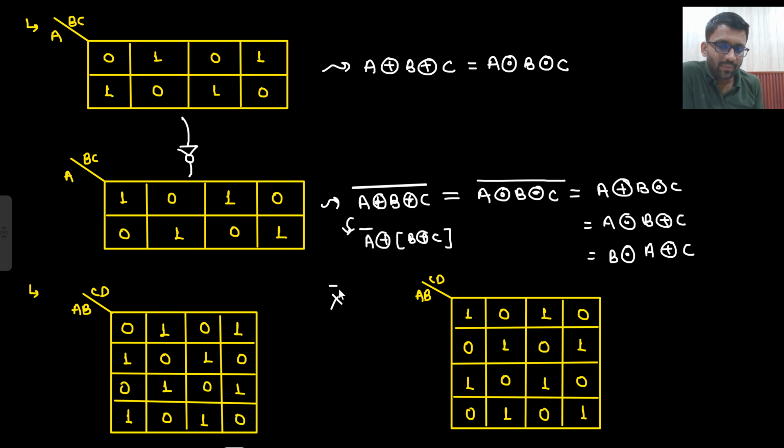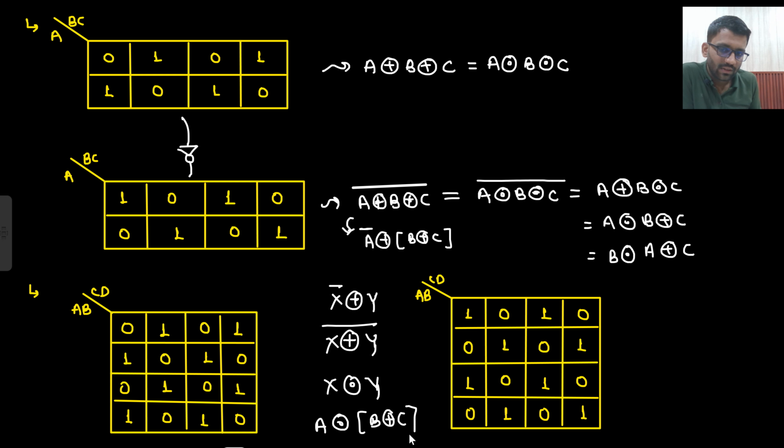So this is X bar XOR Y. Can I write it as X XOR Y bar? And can I write this as X XNOR Y? Yes. What is your X? A XNOR with B XOR C. Whatever you have done with A, do the same with C, you will get this expression.